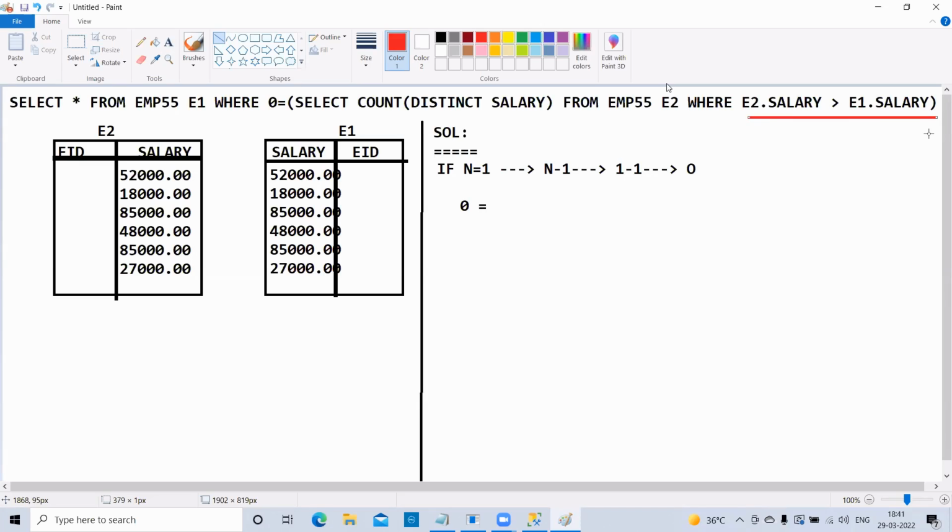Now in these two aliases E1 and E2, which alias is outer and which alias is inner, guys? Which one is inner, which one is outer?